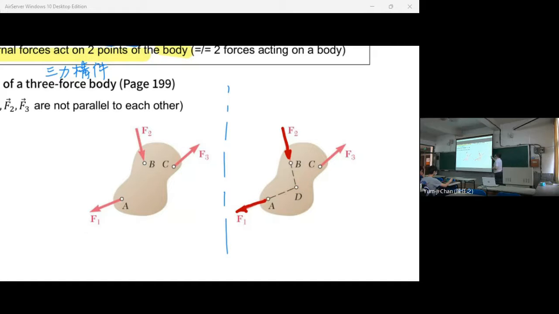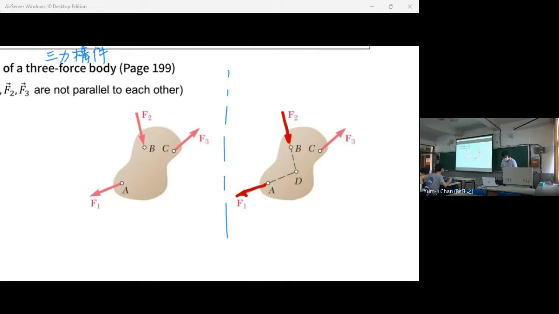What can we do from here? We move F2 to here. Okay? We move the force F2 to here, and we move the force F1 to here. F2 here, F1 here.